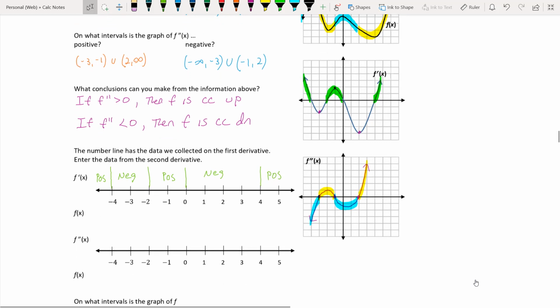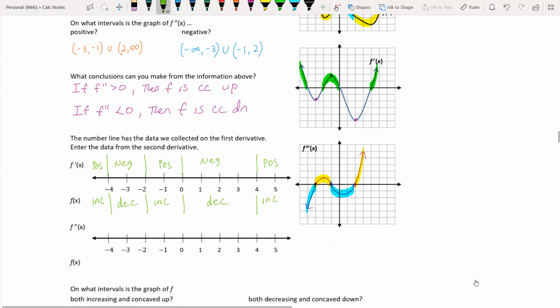So this hopefully makes sense with what we've talked about with our derivative before. If the derivative is positive, f is increasing. So I'm increasing from negative 2 to 0, and I'm also increasing from 4 to infinity, which means I'm decreasing on these other intervals.